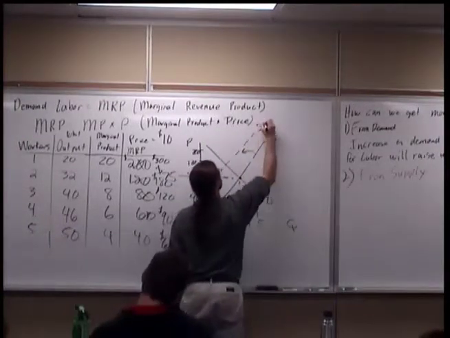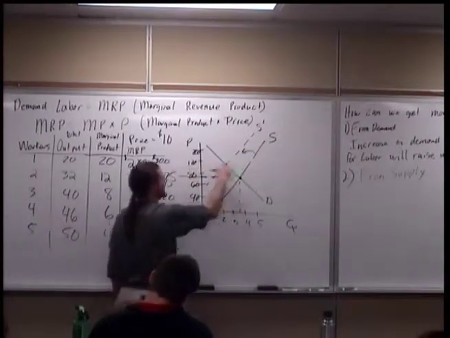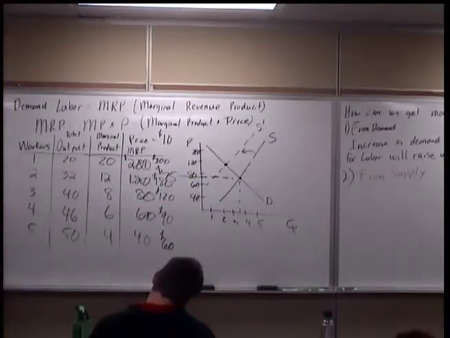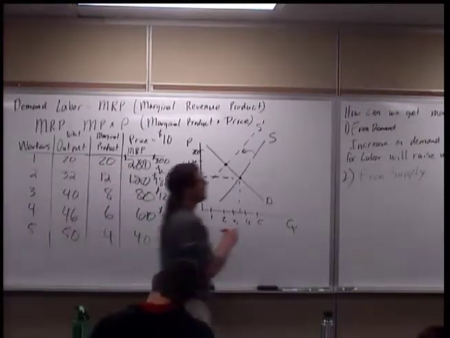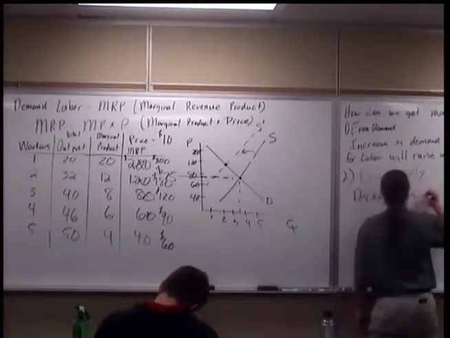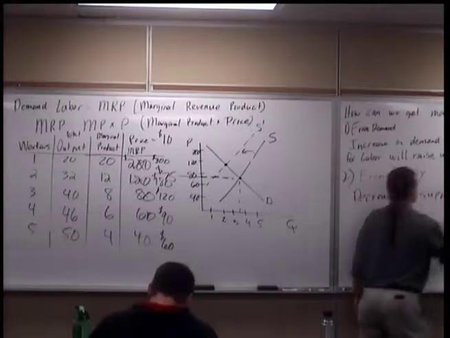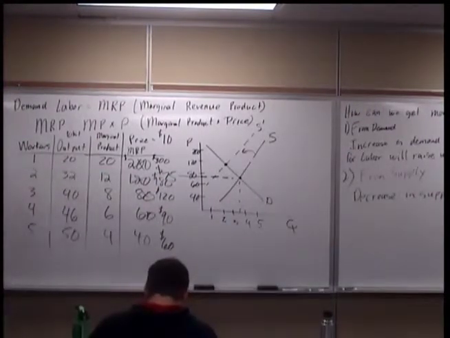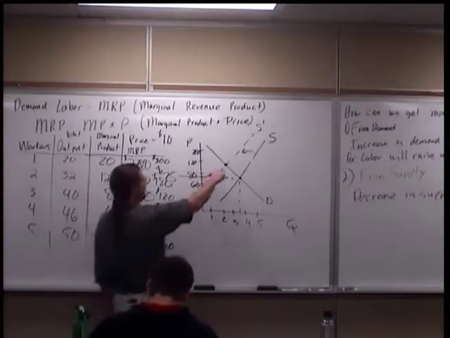If we shift it to the left, here's our equilibrium, here's our higher wage rate. That's what we want. We want to get paid more, again assuming you have a job. So in this case we could decrease the supply of labor, because a decrease in the supply of labor would also lead to a higher wage rate.